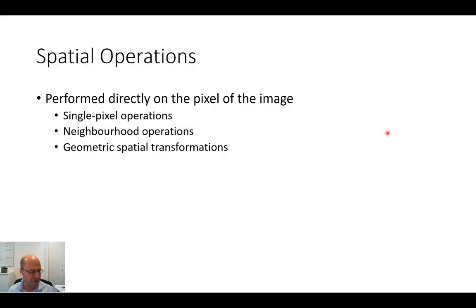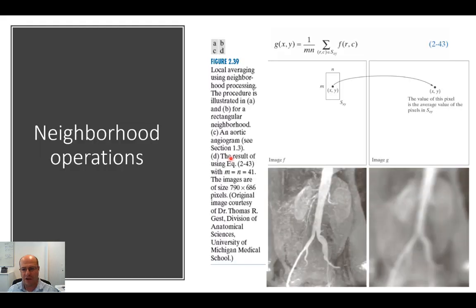And this is the final bit. I think all of what I said is essential, but if I want to pick one thing to actually learn today, it is spatial operations. Spatial operations are those that are performed directly on the pixels of the image. They are of various forms: single pixel operations, neighborhood operations, geometric spatial operations.